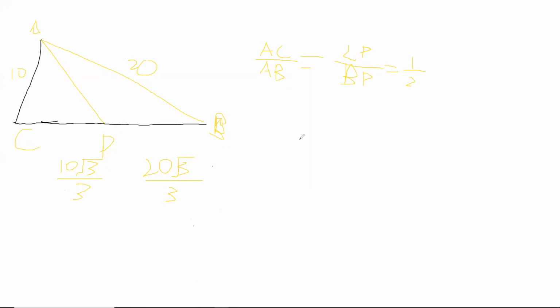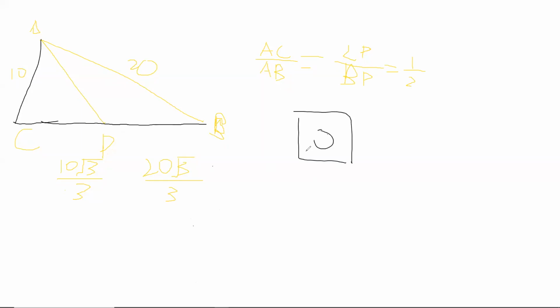So since they have the same ratio, we can see that AP is an angle bisector of BAC. So BAP minus CAP equals 0 because the angles are the same. Right. Very good. So the answer is 0, right?